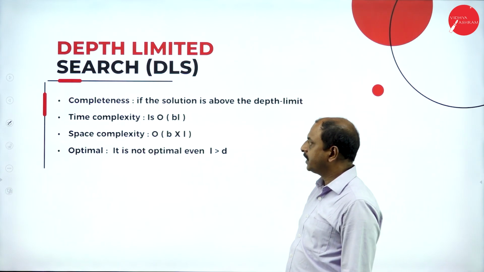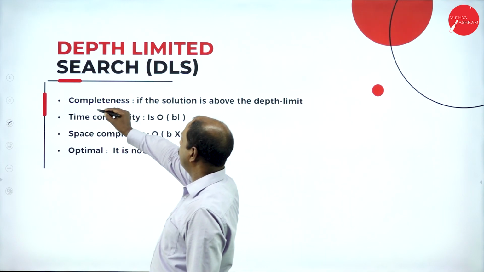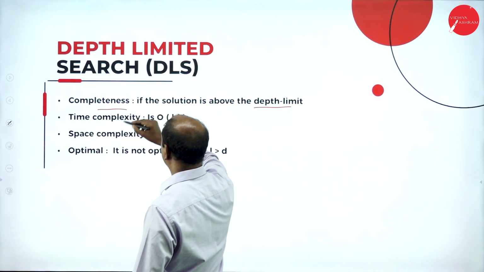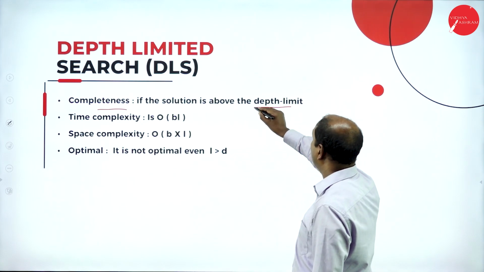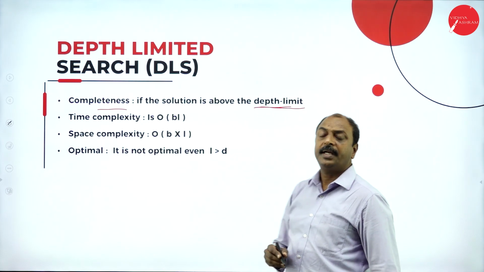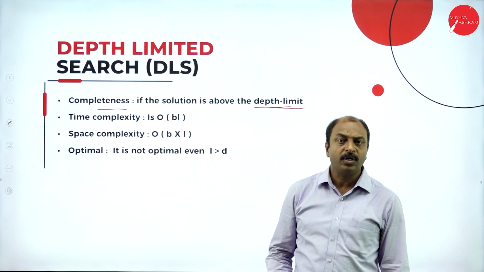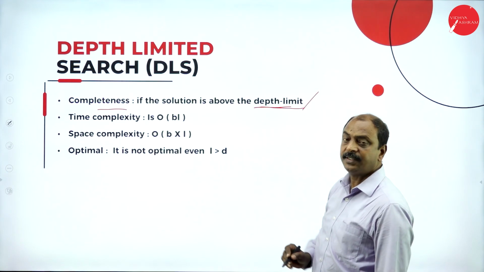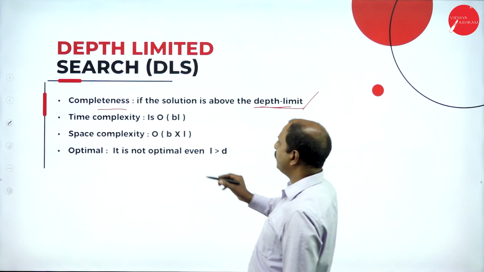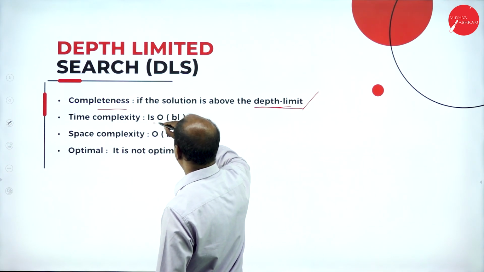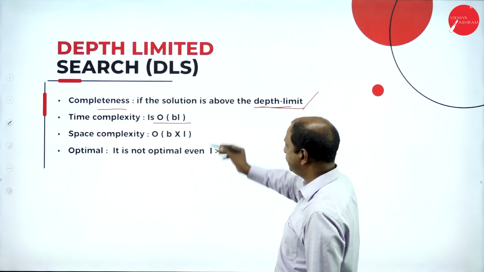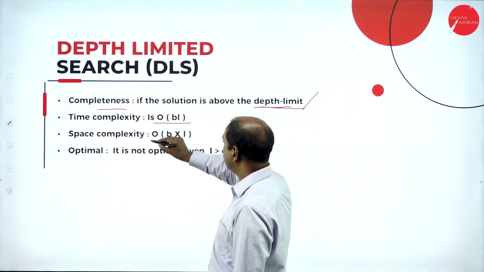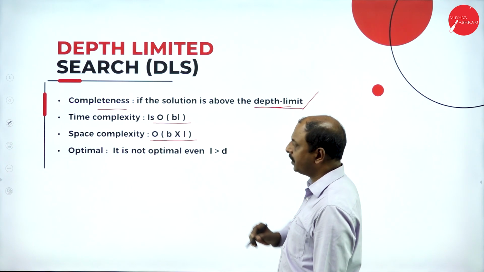Now let us consider the factors. One is completeness. This algorithm is complete if the solution is above the depth limit, meaning it is possible to reach the goal within the limit. Next, time complexity is order of b to the power l, where l is the limit, and space complexity is order of b into l.